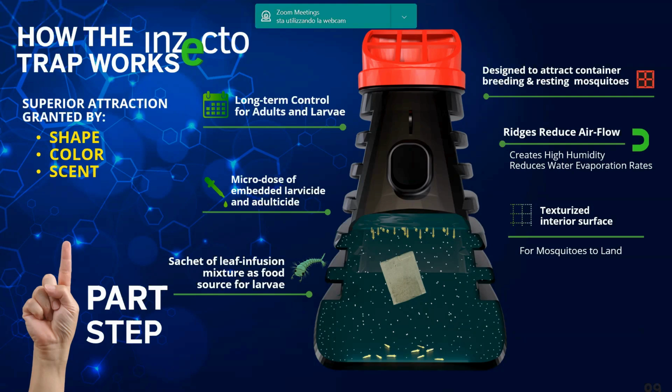The colors are the colors that we describe as the most attractive. And we also put this sachet that you see in here. Everybody thinks that that's where the actives are. It's not. It is technically a leaf infusion that has a double meaning.